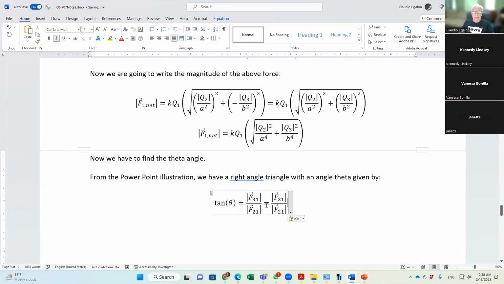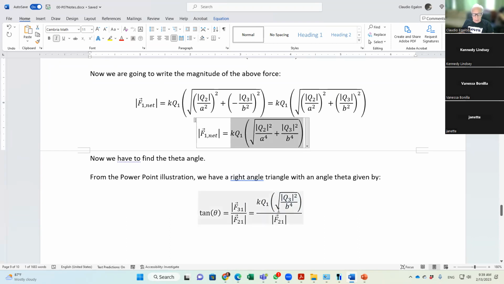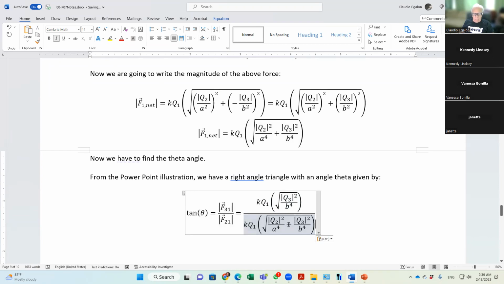Magnitude of F31 is part of this equation here, not everything, okay? You could also have done it in terms of sines and cosines, right? If you wanted. Here you go. F31 is this one here, right? 3 and 1, right? F21 is going to be the other term. Here you go.